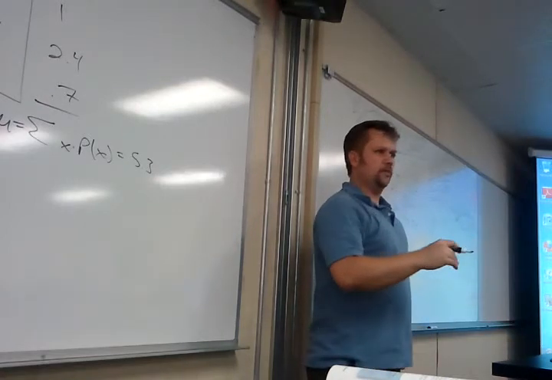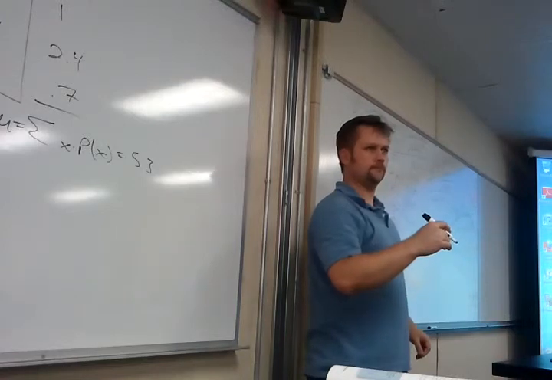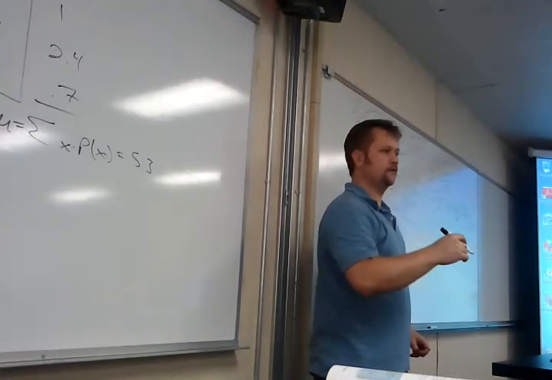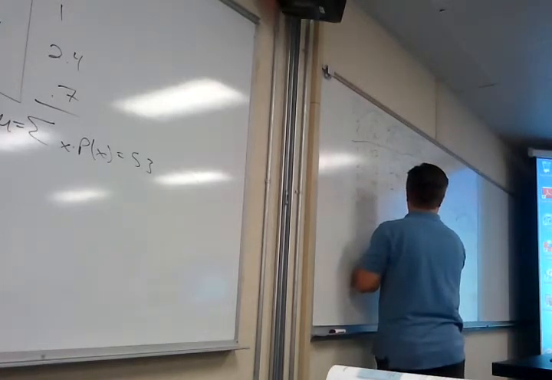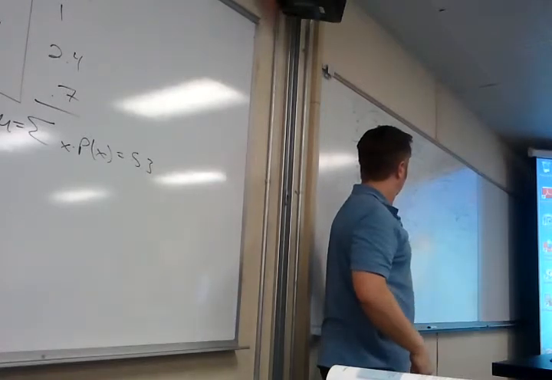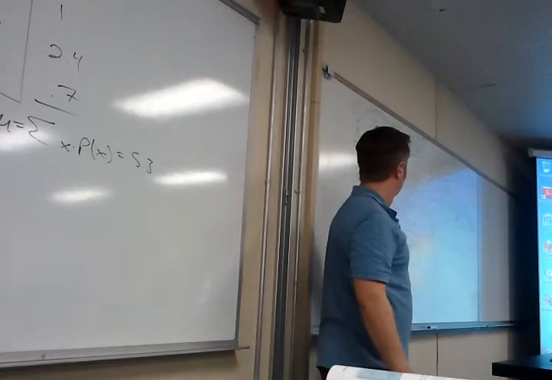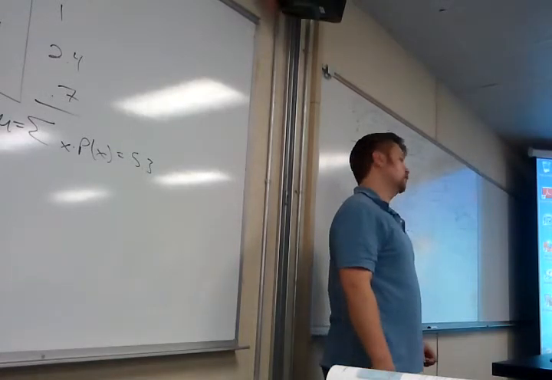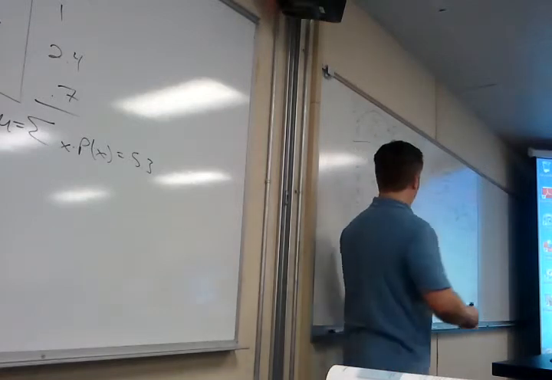Then you add all those up and throw it into the formula, because the formula needs the sum of these. So what's the sum of these? You just have to add those up. 13.22.